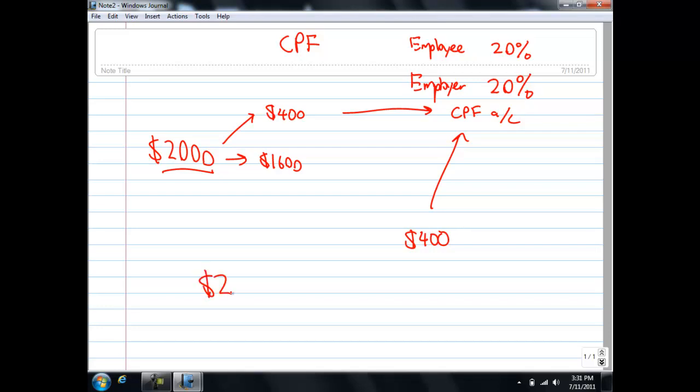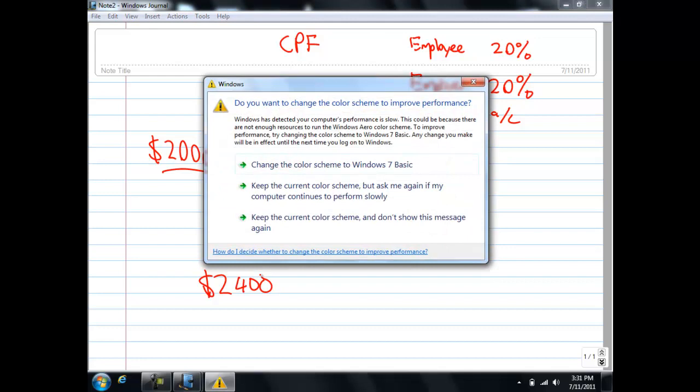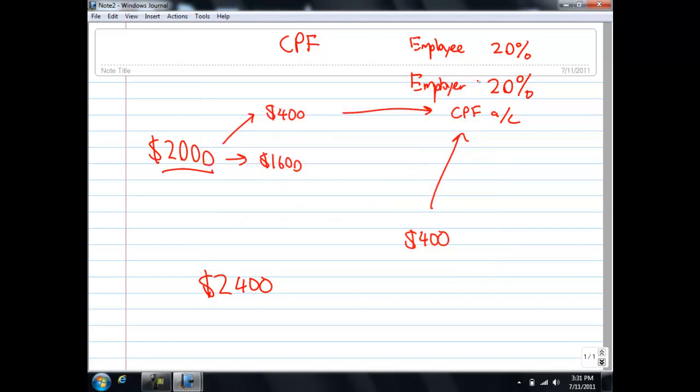So it's 2,400. So during 2002, during September 11, we actually cut the employer CPF contribution. So you can see how policy 2 works here. By allowing this employer's contribution to be cut, let me cut it to 10%.